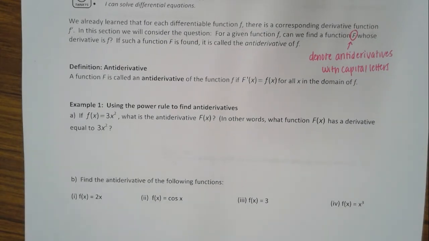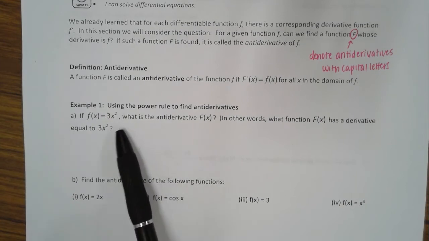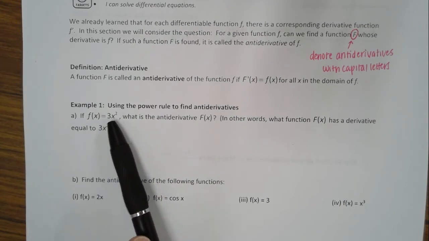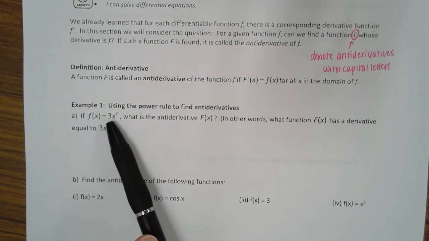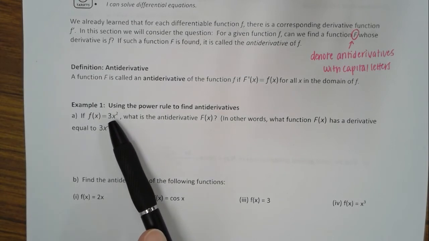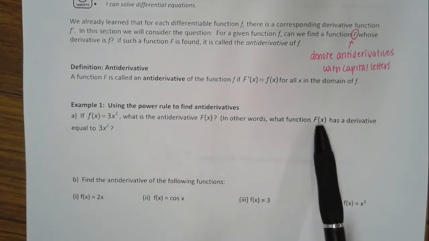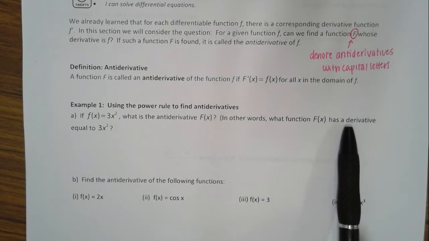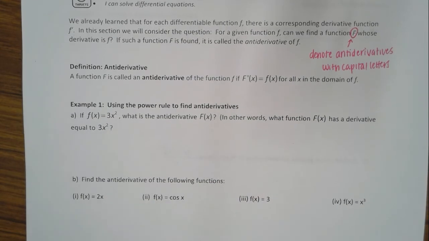So what that looks like, and we'll get this quick example, if I were to tell you that this is the function that I want to take the antiderivative of, this is really saying that this is a derivative of something already. And I want to know what function big f of x has a derivative that's equal to 3x squared.